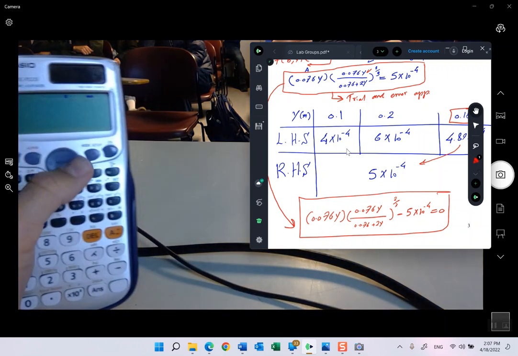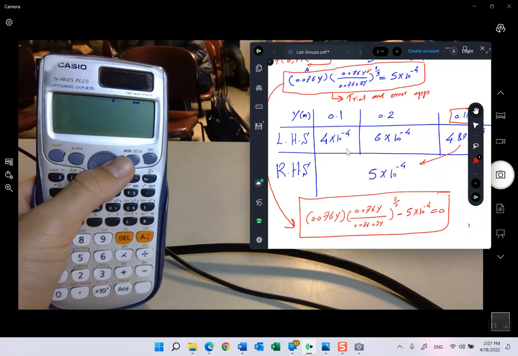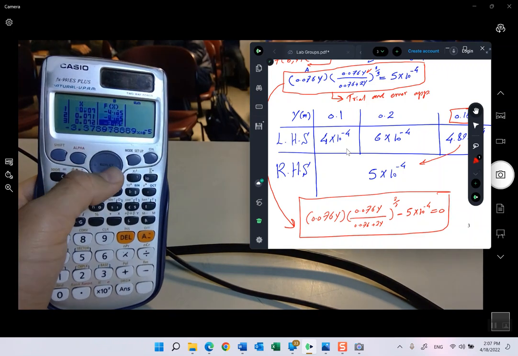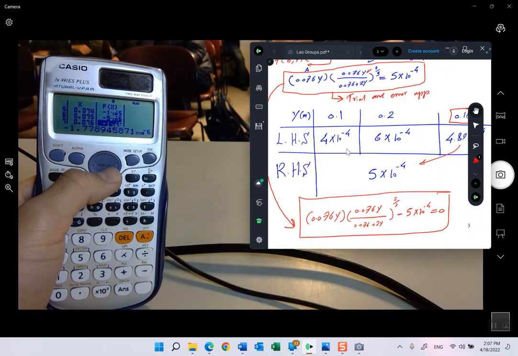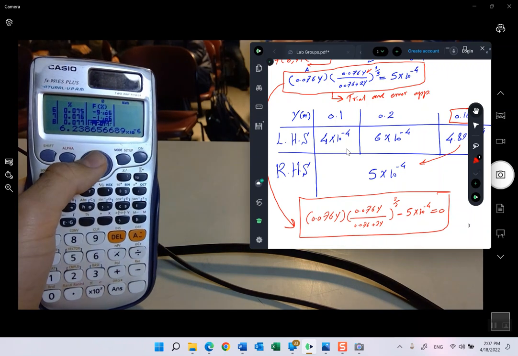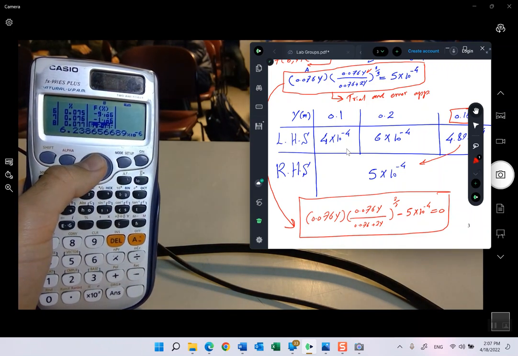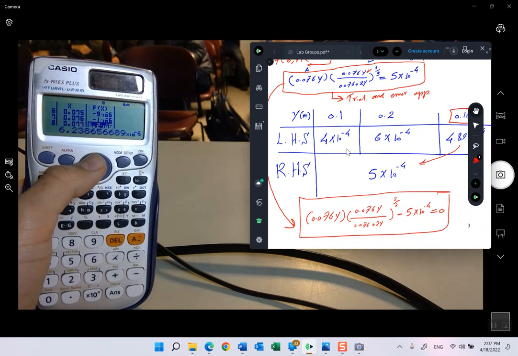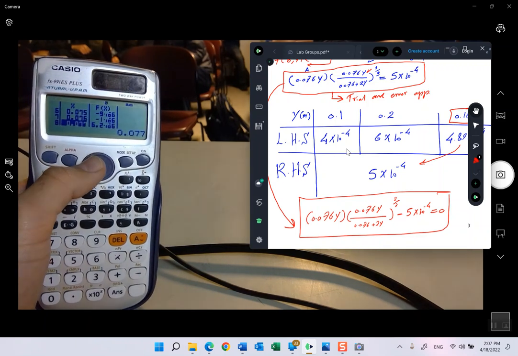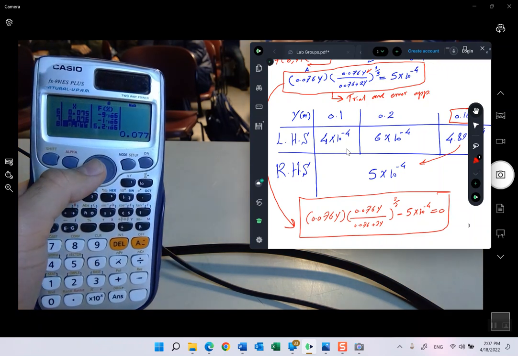And see, here you can see that there is a very, very small number. It's 6.2 multiplied by 10 to the power negative 6, which is actually 0, right? And this is the answer. This is the actual normal flow depth.